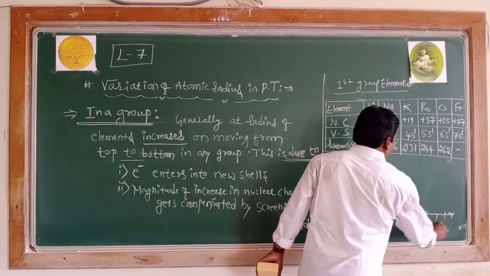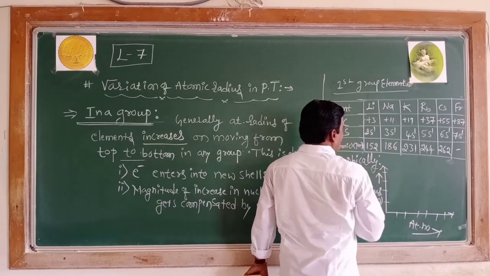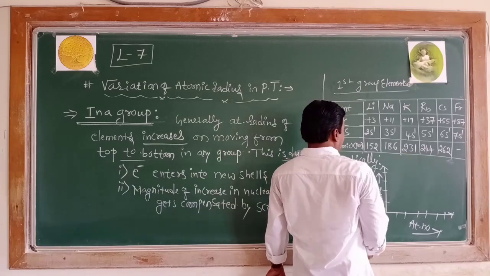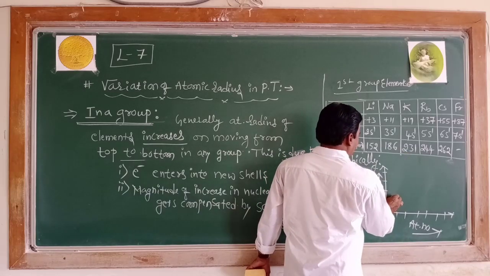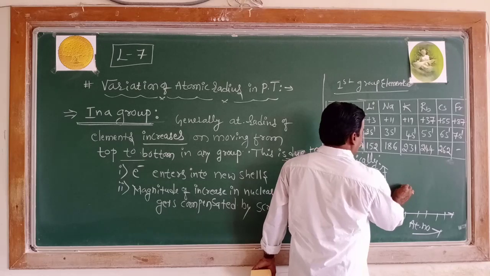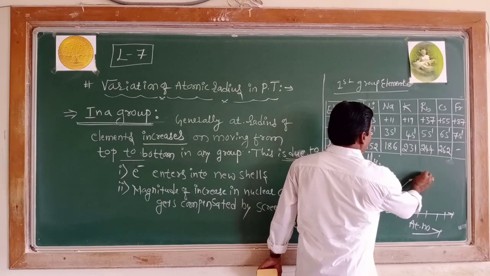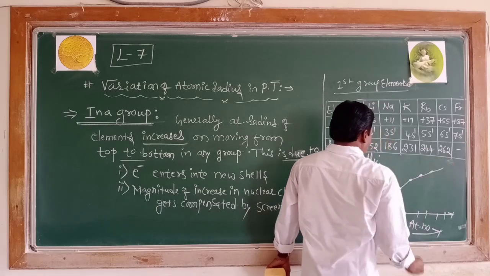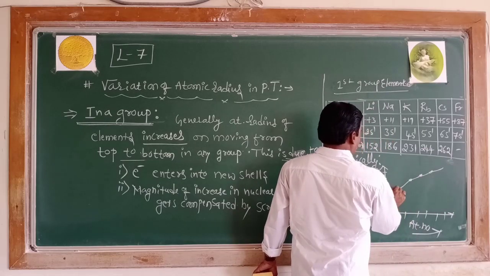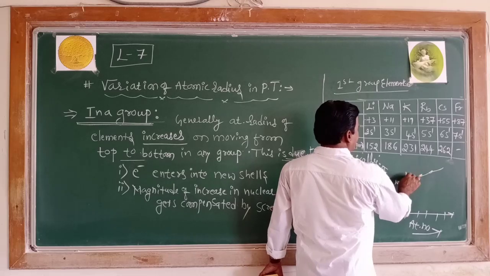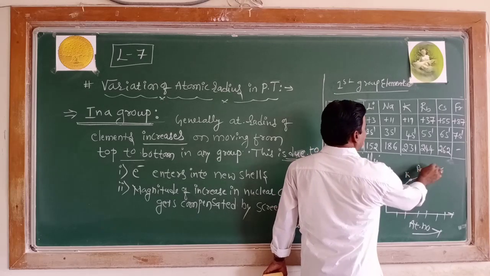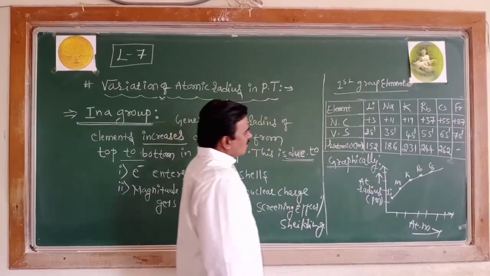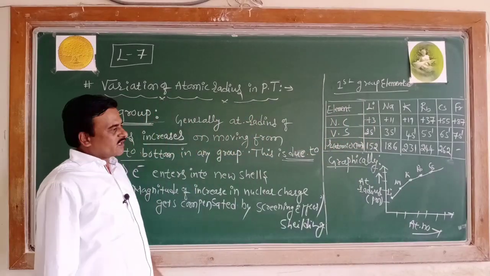So one can get a curve of this kind. Lithium, sodium, potassium, rubidium, cesium. So this is how the trend can be noticed.